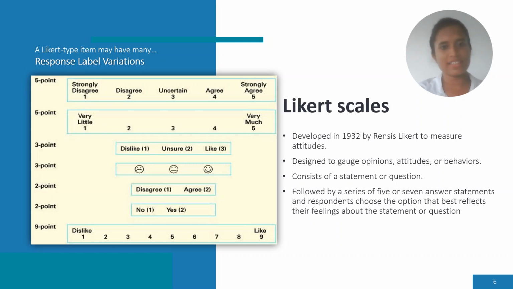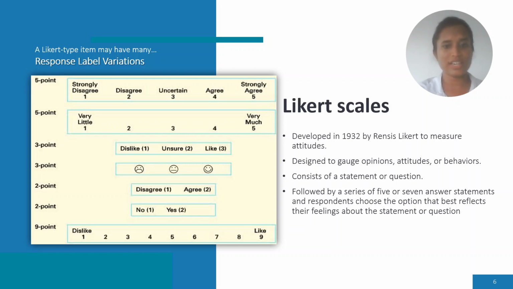This scale was developed in 1932 by Rensis Likert to measure attitudes. So this is measuring opinions, attitudes and behavior.